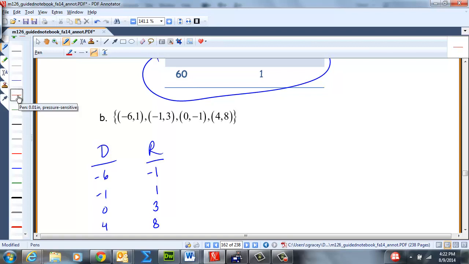So -6 maps to 1, -1 maps to 3, 0 maps to -1, and 4 maps to 8. Do you see that each of the x values goes to its own y value, and they don't go to the same y value? So this function is one-to-one.